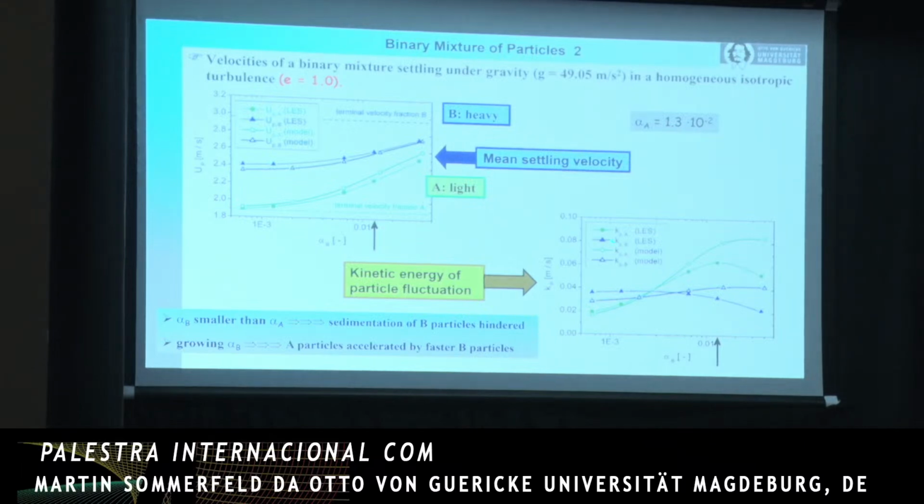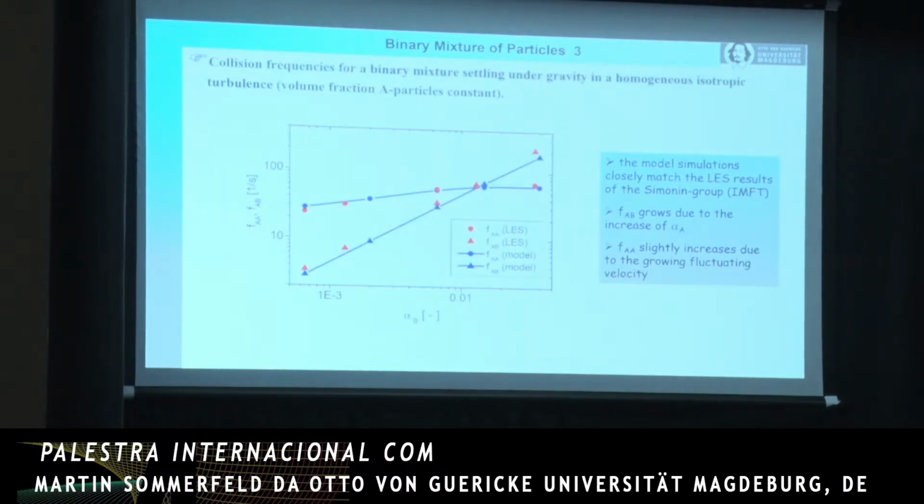This is again green is A and blue is B. You see some increase of the fluctuating velocity because of more collisions, but also the difference between LES and point particle simulations is slightly increasing, but the trends are okay. So we basically were satisfied. All these collisions were done with restitution ratio 1 and 0 friction.